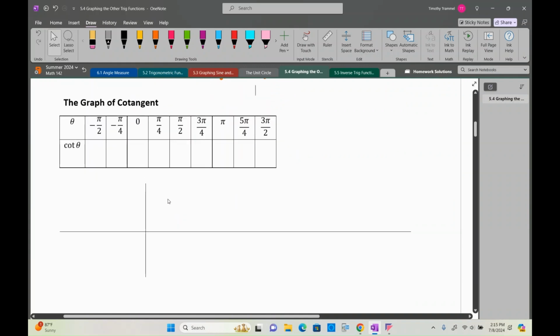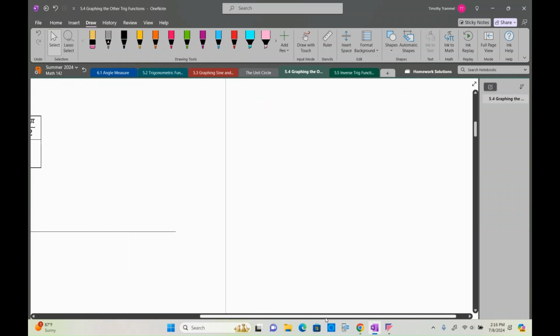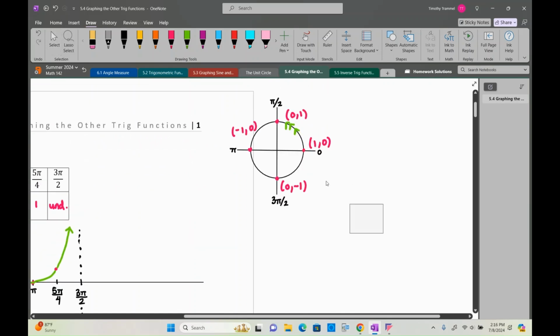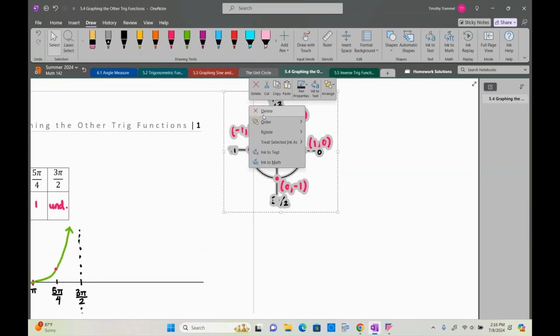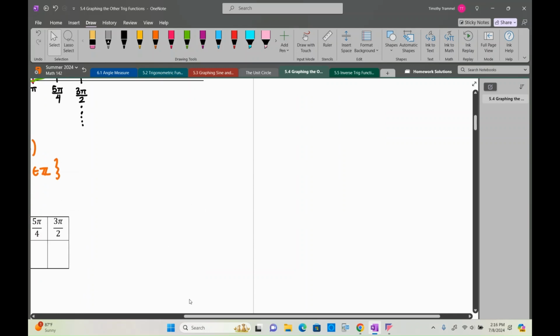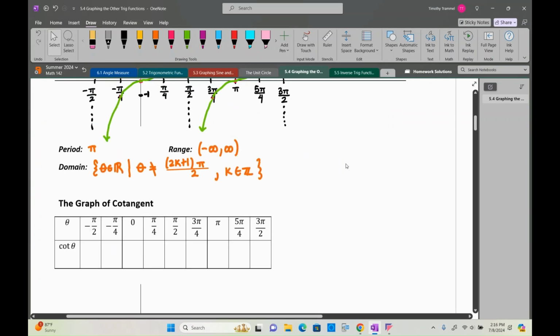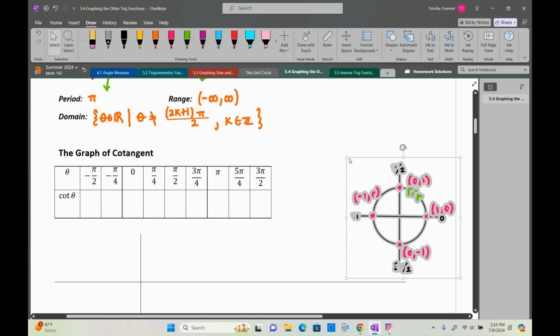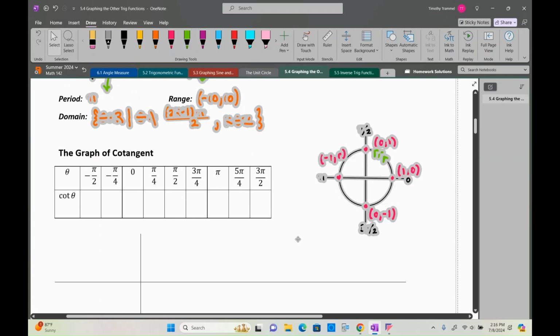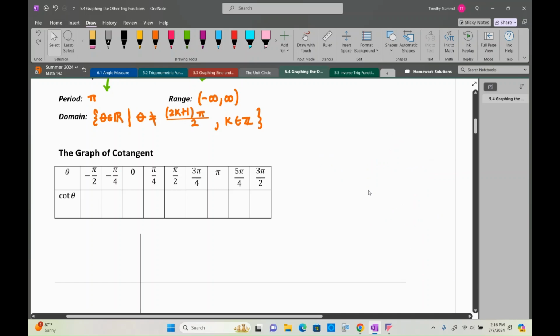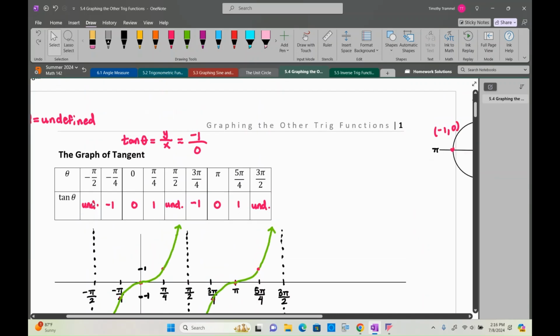Okay. So cotangent is going to be very similar. It might be nice instead to have this picture here again. I'm going to copy this over and we'll take a look. Cotangent is the reciprocal of tangent. So we could actually just do 1 divided by the numbers we see up here.